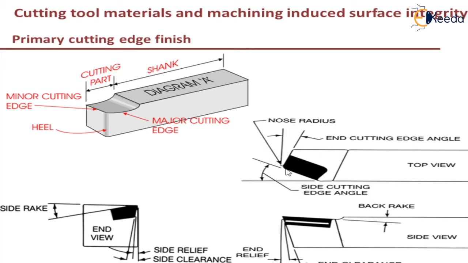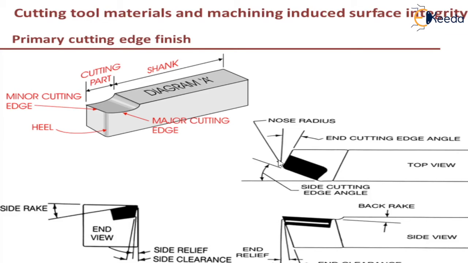As you can see, there is a major cutting edge, which is also called a side cutting edge, and then the end cutting edge, which is also called a minor cutting edge. So we are discussing the primary cutting edge, that is the major cutting edge, which induces surface integrity once the workpiece is cut using this cutting edge.